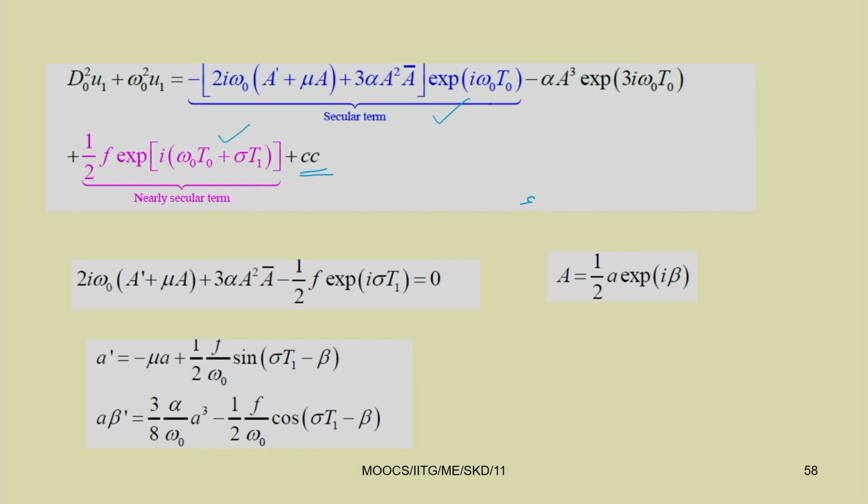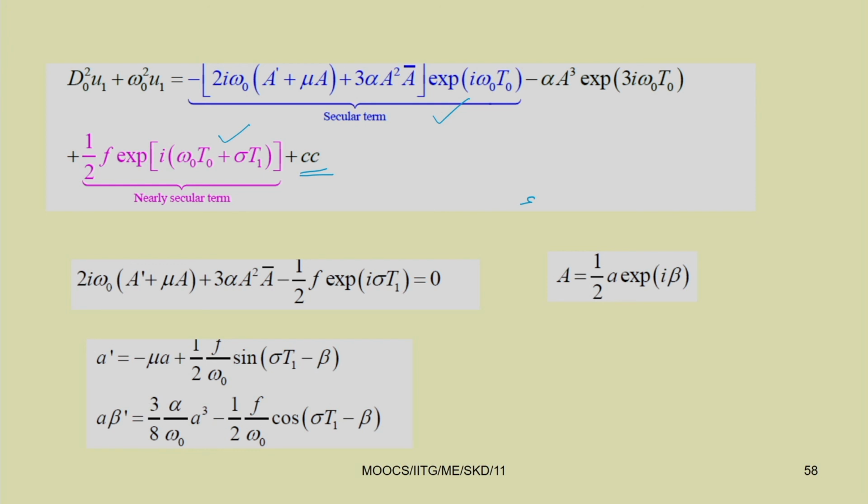That means, when you are studying this term with sigma near omega 0, this external frequency will lead to a secular term. So, to get a bounded solution, we must eliminate the secular and nearly secular terms.